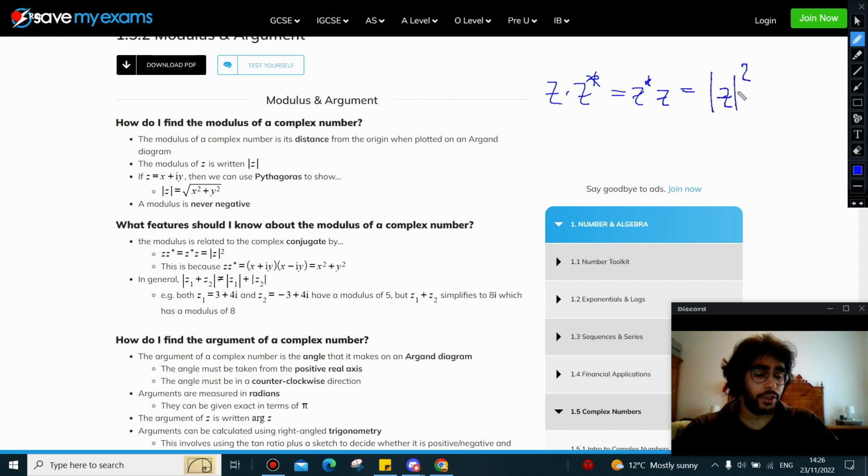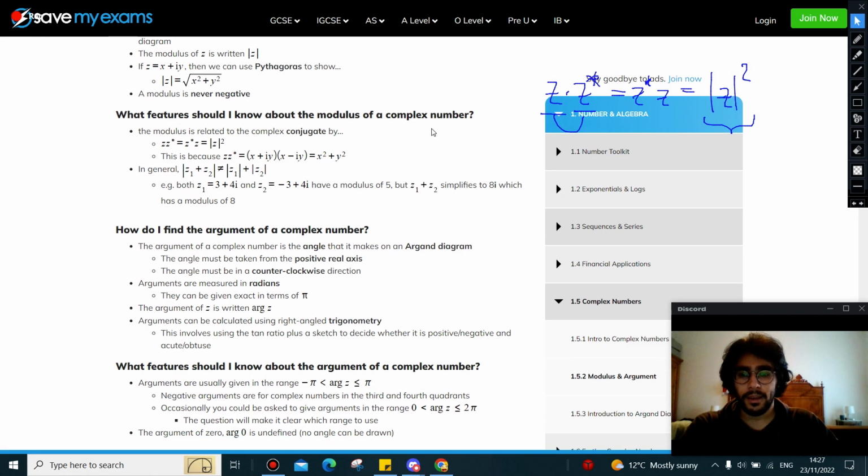You can check this out. I will not do it on the screen, but try to check this out. Take a random complex number and multiply it with its conjugate and see if it's really the square of the modulus. You know the definition of the modulus, which means you can take the square of it. You know the definition of the complex conjugate, which means you can multiply these two numbers, see if the equality holds or not. I guarantee you it will hold, of course. Okay.